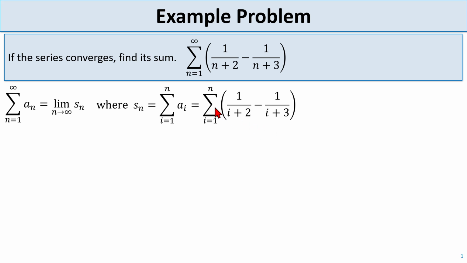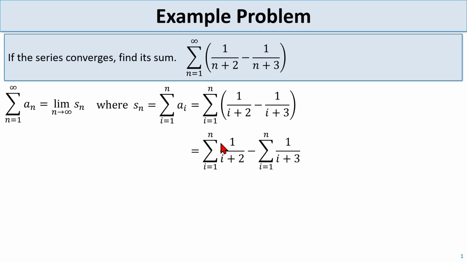And to do that, it's going to be helpful to first distribute the sum so that it's affecting both of the terms separately. So just distributing the summation to both the terms, we get this expression. And now, in the first sum, I have 1 over I plus 2. In the second sum, I have 1 over I plus 3.